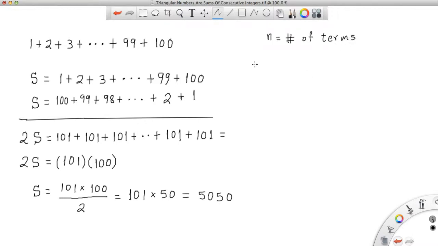We are going to have the same method, same process. So the sum, we can express it as 1 plus 2 plus 3 plus dot dot dot all the way up to n.